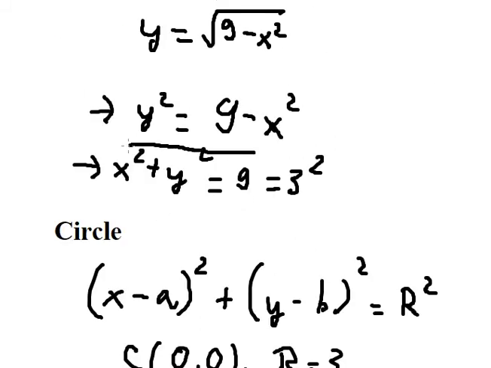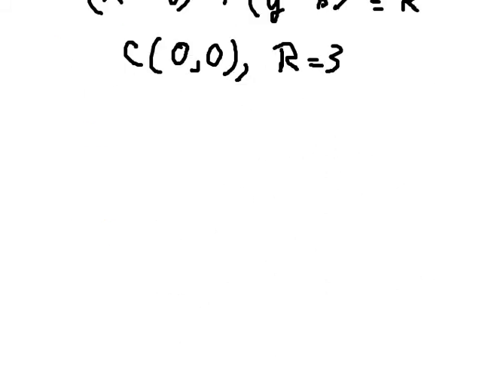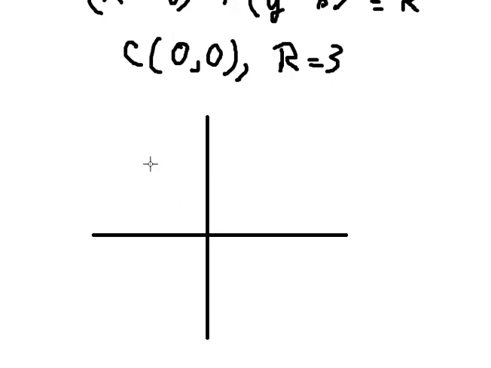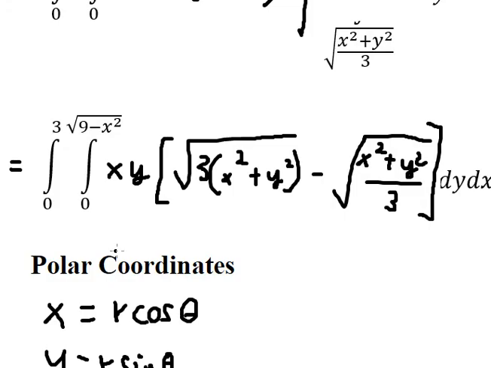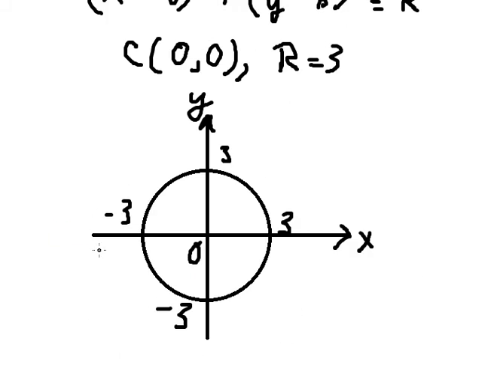And now we need to graph this one. So we have number 3, number 3, negative number 3, negative number 3. So we see that dy is greater than number 0 and smaller than the square root of 9 minus x square. So that should be this one in here.